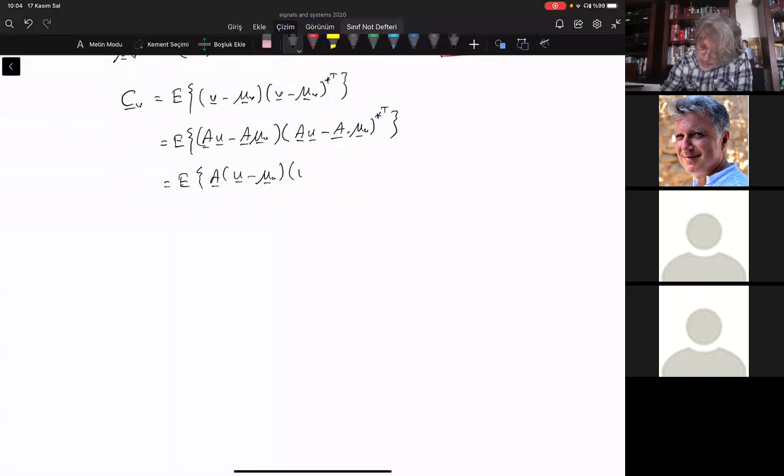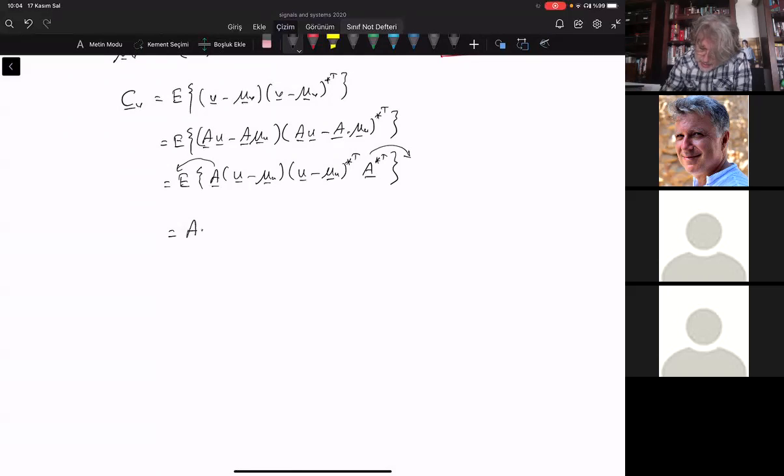So first I have U minus mu U conjugate transpose, and then A conjugate transpose. When I take the conjugate transpose of the combined term, this indicates that this A can be taken out of the expected value from the left-hand side, and this A conjugate transpose can be taken out of the expectation from the right-hand side.